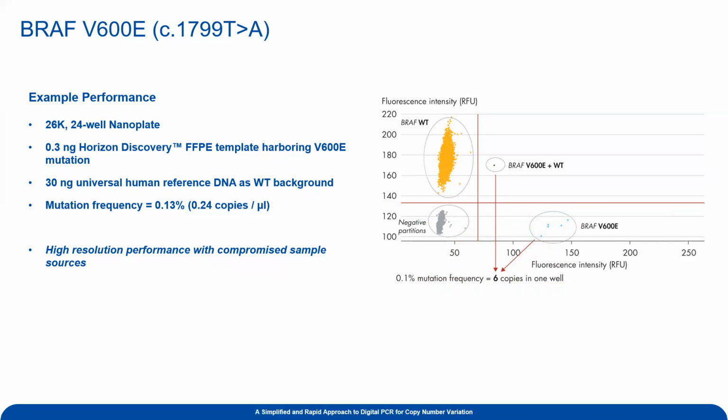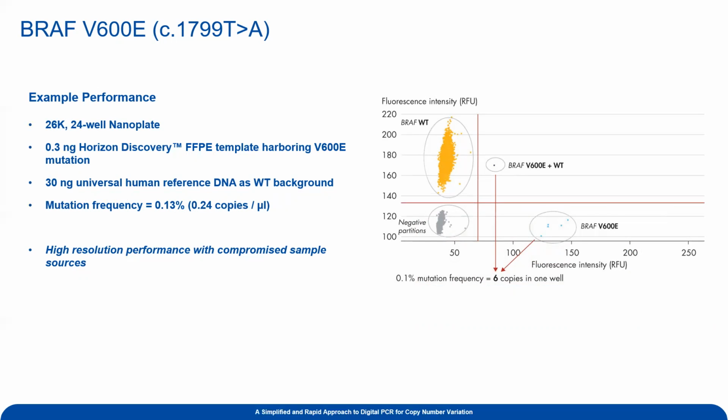And what you can see here is an example 2D plot. So here's your negative partitions. They're low for both. On your y-axis, this is for a target called BRAF V600E, which is known to be implicated in a number of different cancers. We see this is our wild type population here. On your x-axis, this is your V600E mutant. And then we have this one lonely partition up here where you had co-partitioning of one wild type and maybe one mutant into one partition, but it's going to show up as one.